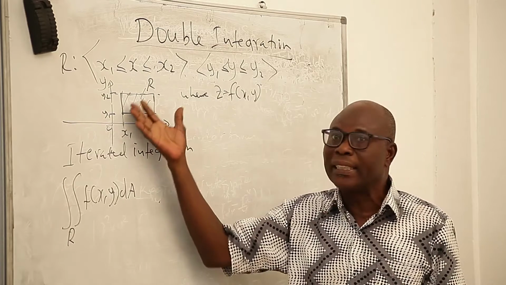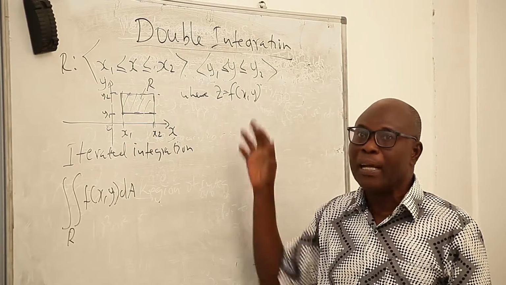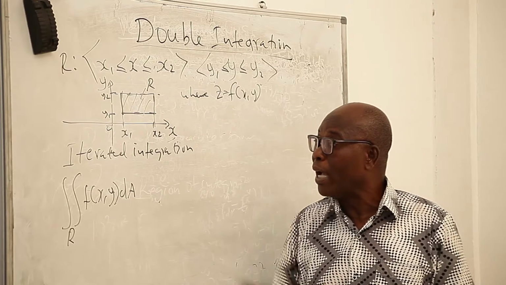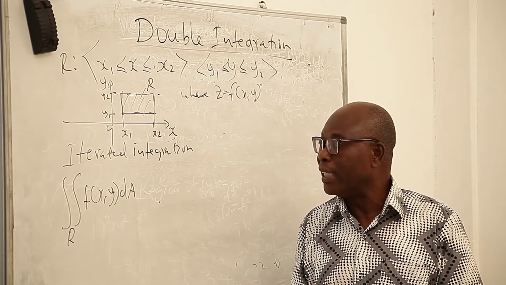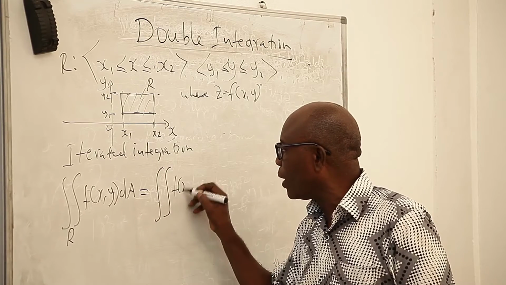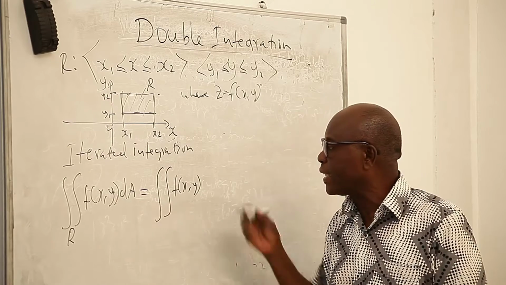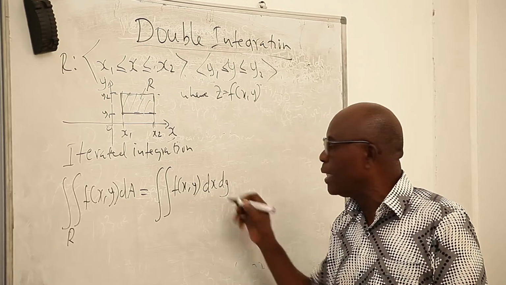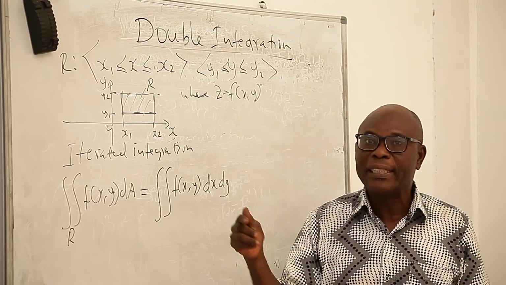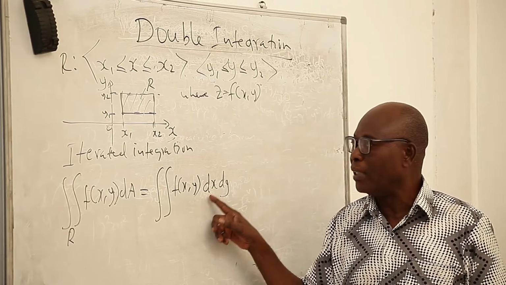The base is the region, and the height is given by z, which is equal to a function of x and y. From here we formulate the iterated integral, splitting dA into dx dy.